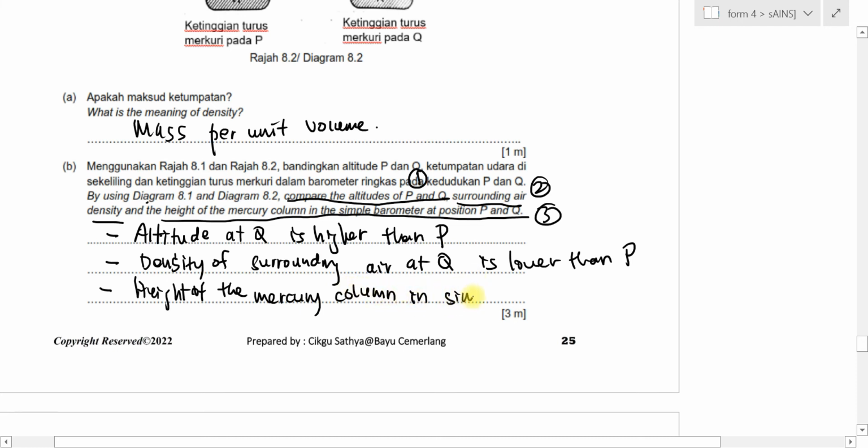I just copy back whatever they gave us: height of the mercury column in simple barometer at position Q is lower than P.